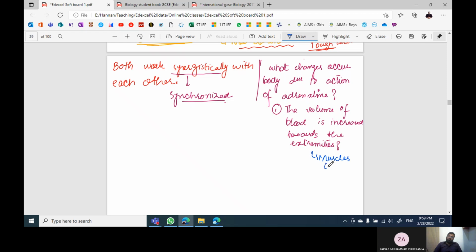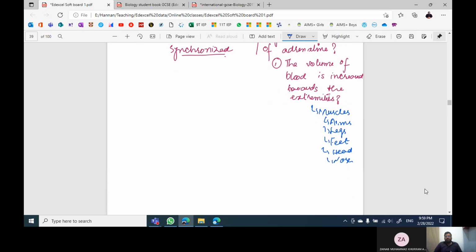Or you may be more specific: arms, legs, feet, head, nose, etc. The volume of the blood is increased towards the extremities.